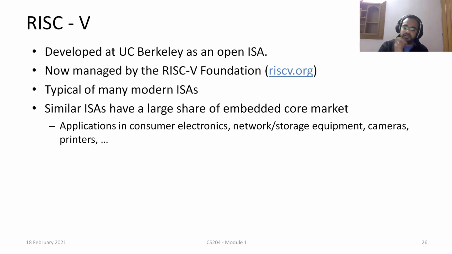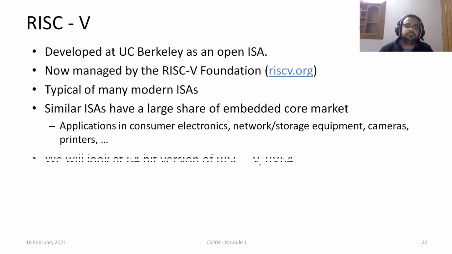We are going to look at one storage example during the memory module, and any day-to-day things that we use like cameras and printers, etc. So all these use the RISC style ISAs to build the small chips that would be performing very, very well defined actions.